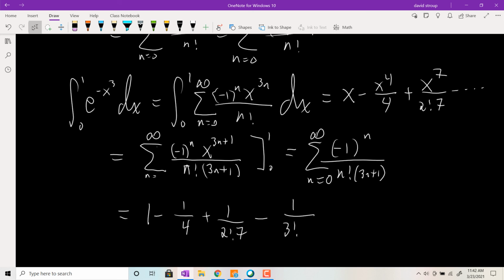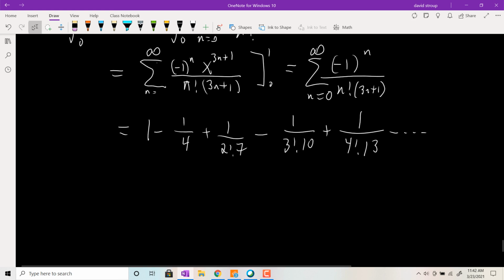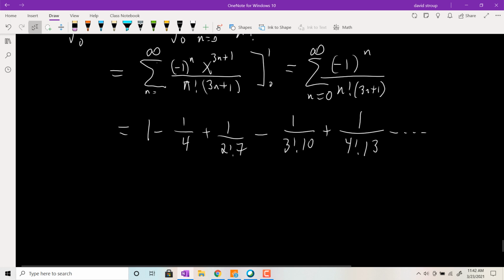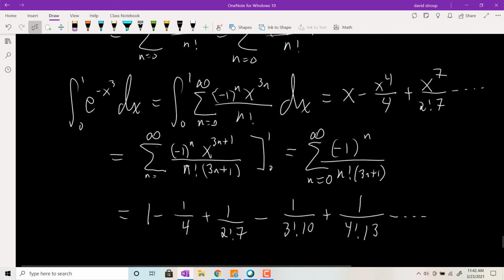Second one would be 1, and then this is 2, and then 3 would give me 10, plus 1, all over 4 factorial times 13, right? And on and on. Okay, so anyways, you could figure out an approximation using this.